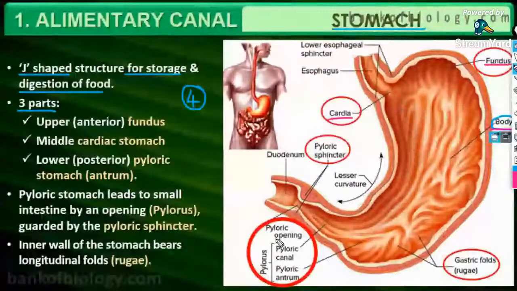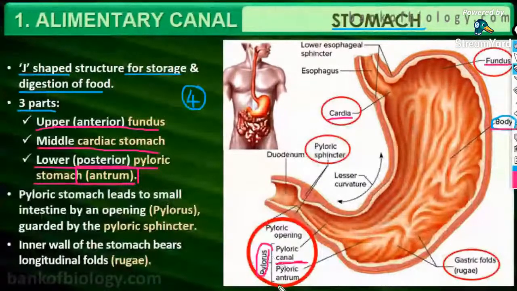So, three main parts are there: the upper anterior fundus, the middle cardiac stomach, and the lower posterior pyloric stomach, or you will call it the antrum. The pyloric part, you can call the pyloric canal or pyloric antrum. The pyloric stomach leads to the small intestine and is guarded by an opening called the pyloric sphincter muscle.